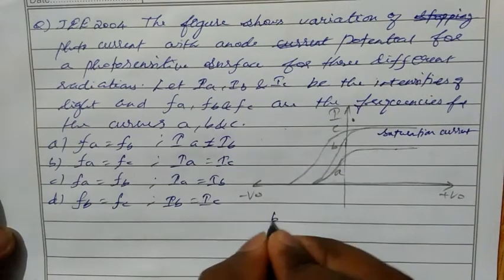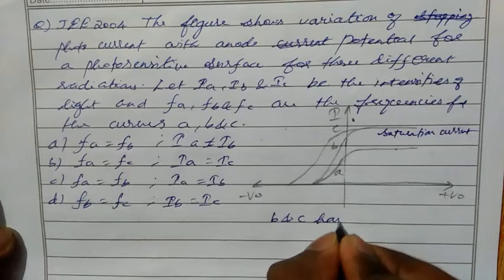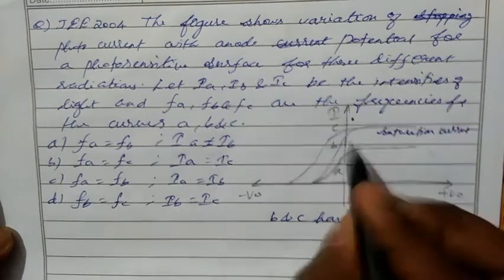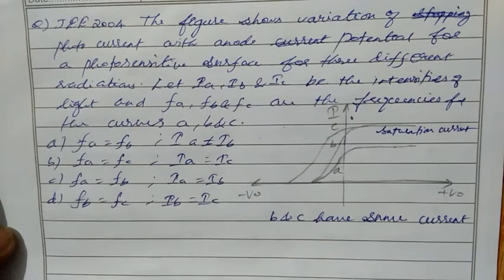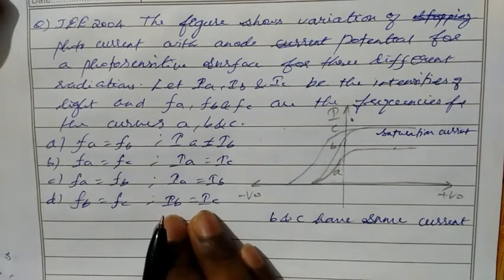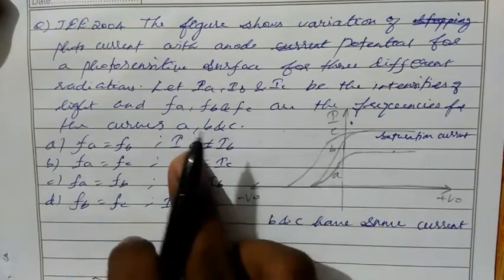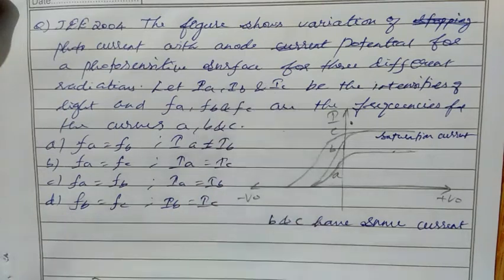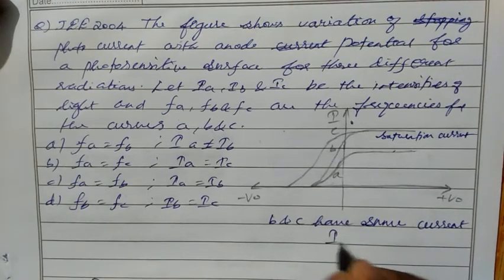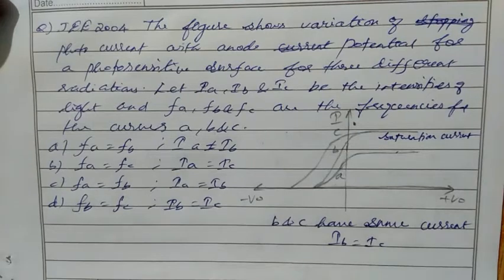So B and C have the same current. So you should not check the option with this, because this I is intensity, which is given clearly. So you have to go with frequency. Same current means same intensity. We can write IB equal to IC.